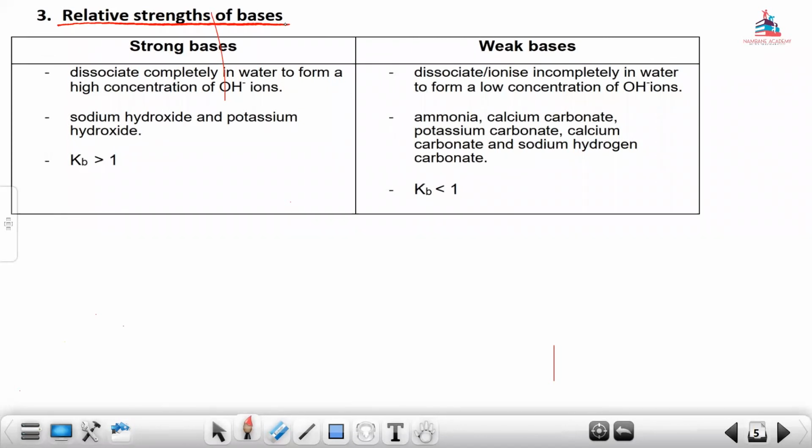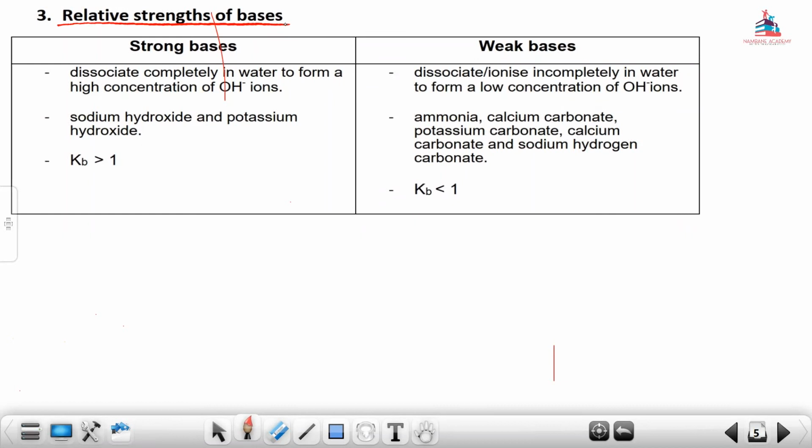At the very same time, Lowry-Bronsted says it is a substance that accepts a proton. So for this purpose, we are going to do the same thing of explaining why we consider some as strong bases and others as weak bases.